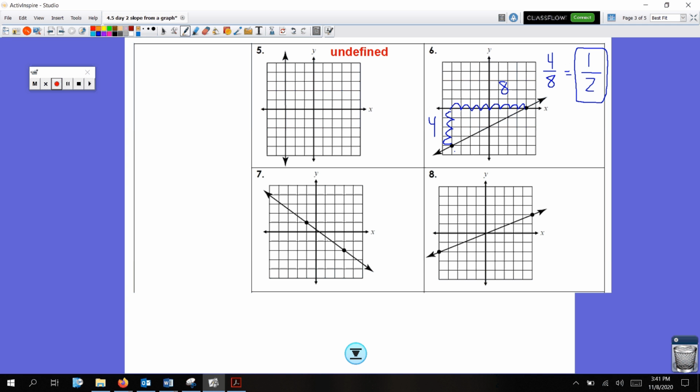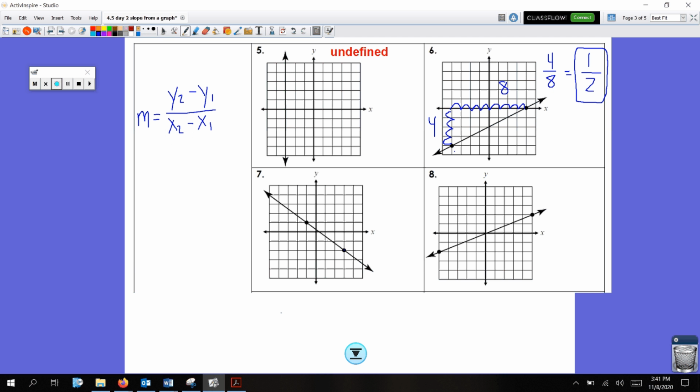All right, I just want to refresh your memory again, the slope formula. So for number 7, I'm going to apply the slope formula as well as count the rise over the run from the graph. So remember the slope formula, m equals the difference in my y, so y2 minus y1 over x2 minus x1, okay? So if we look at our 2 ordered pairs, let's just say that this ordered pair right here is my x1, y1.